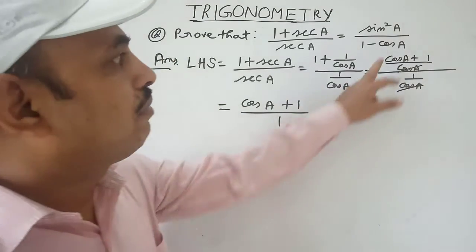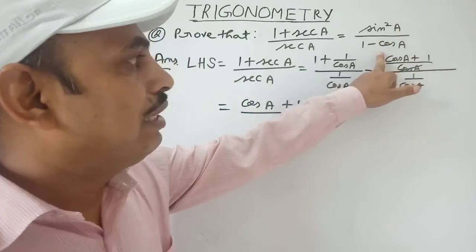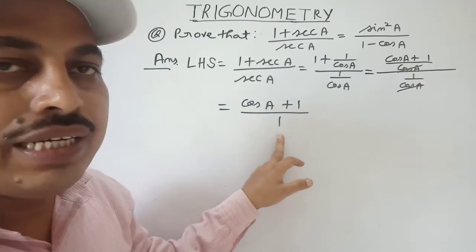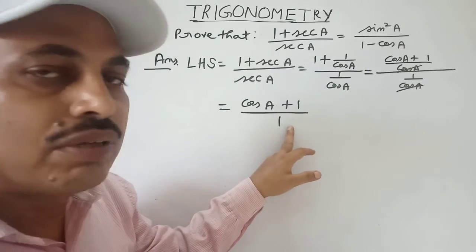What we have to prove? We have to prove sin square A upon 1 minus cos A. But here 1 minus cos A is not present.